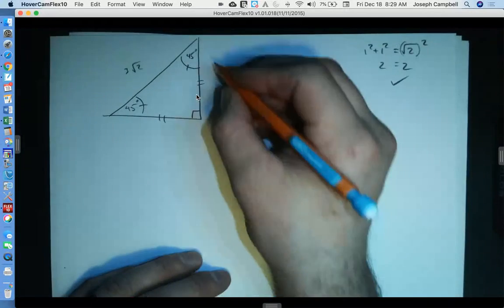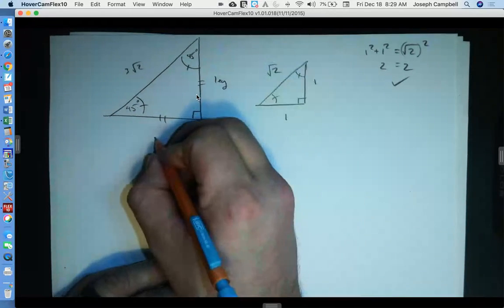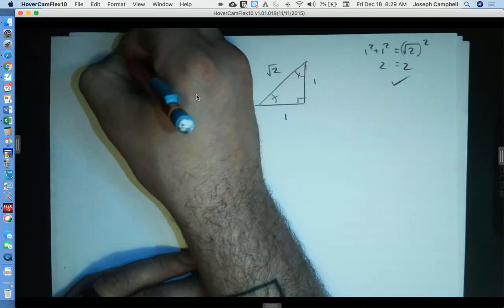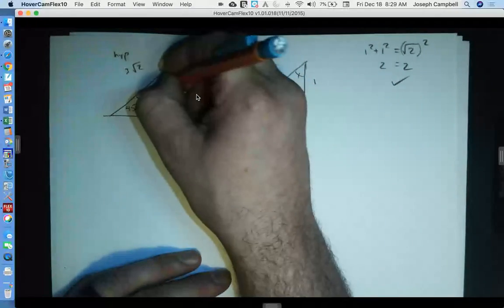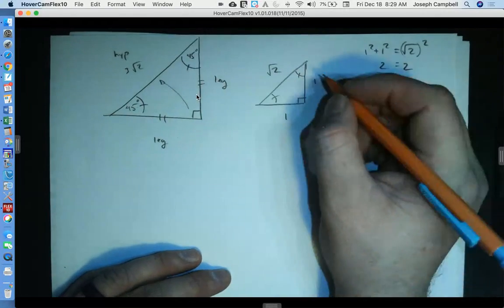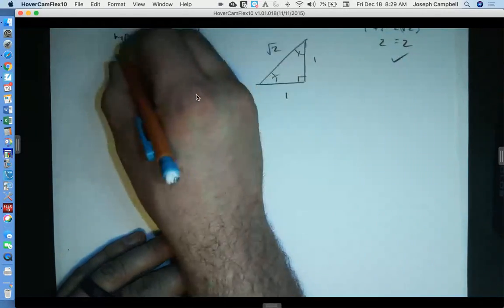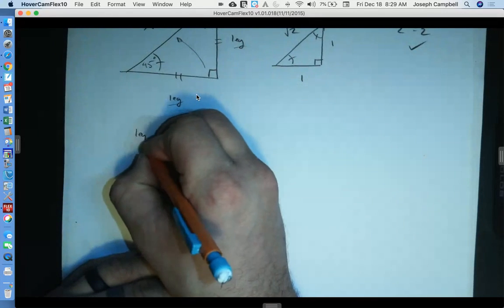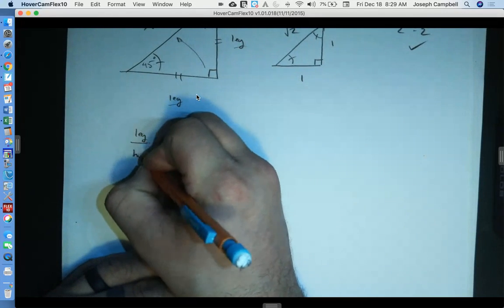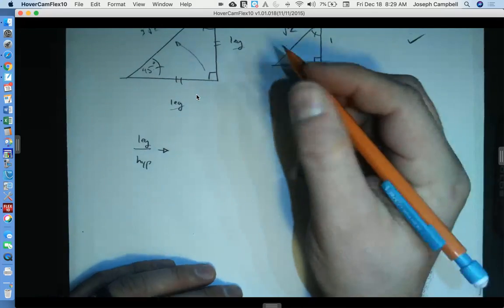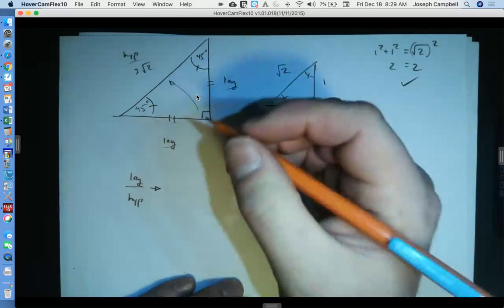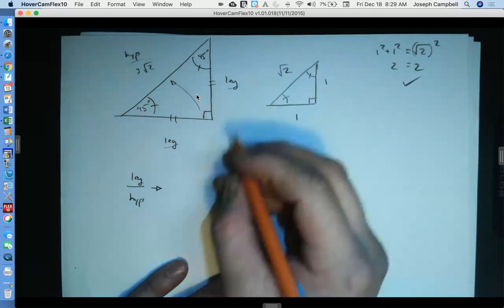All right, these are legs. This is, of course, the hypotenuse. All right, so we'll do a leg to hypotenuse ratio. There literally isn't much else I can do other than hypotenuse leg, right? I usually like putting my unknown up top.